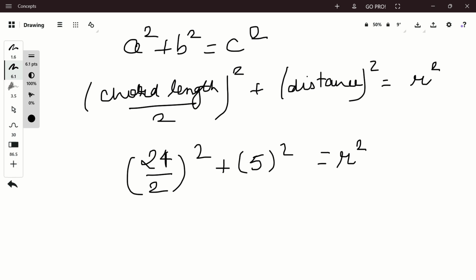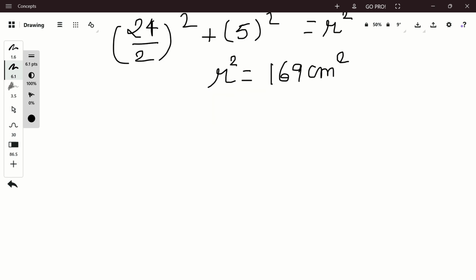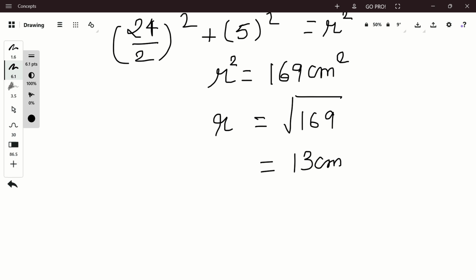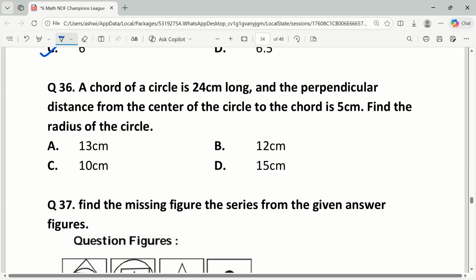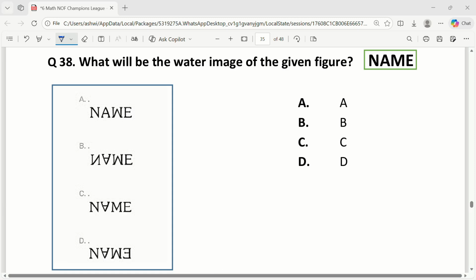Solving for r square, we have r square is equal to 169 centimeter square. Now solving for r, we have r is equal to root 169, which is equal to 13 centimeter. Comparing with the given options, the answer is A, 13 centimeters.